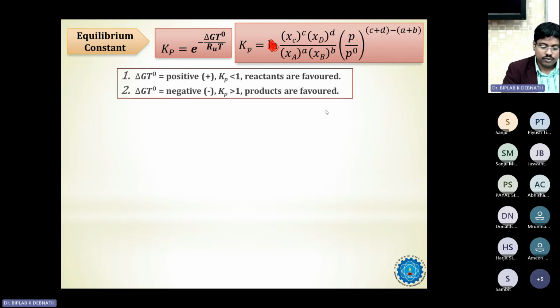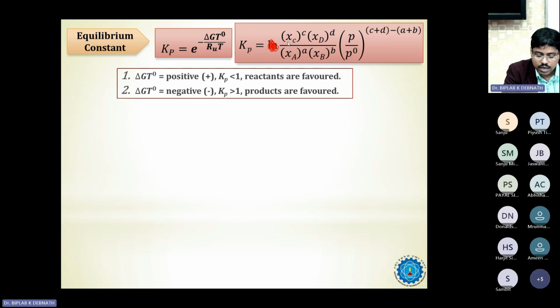But if delta G naught is negative, that means the standard Gibbs function change is negative, then negative into negative gives you positive. So e to the power positive means something always greater than 1, then Kp is greater than 1.